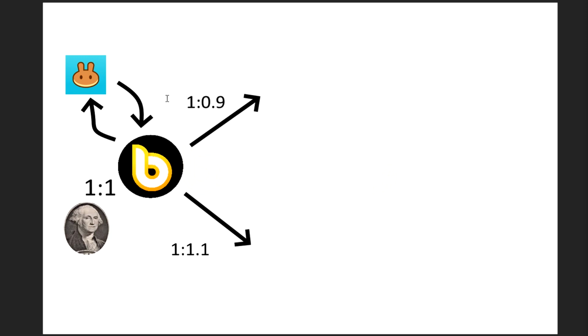So as we can see here, we've got it set as the ratio. $1 US dollar will buy you 0.9 bDAO. So one bDAO at this point is worth $1.10. The opposite's down here. One bDAO is currently worth 90 cents. So as people sell, the value of bDAO goes down because that's the way markets work.